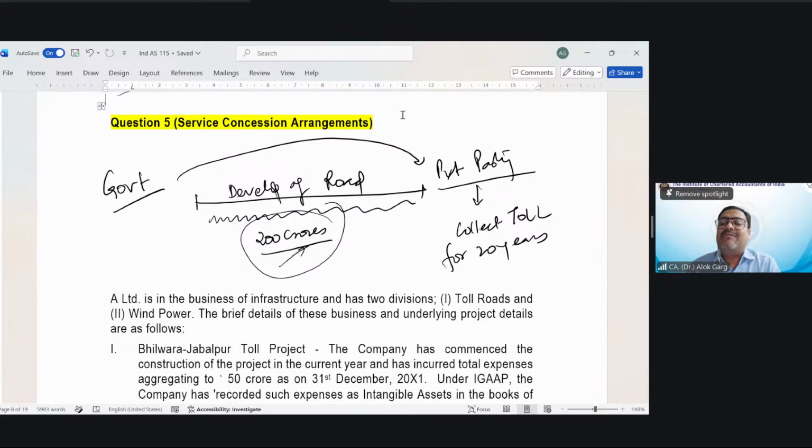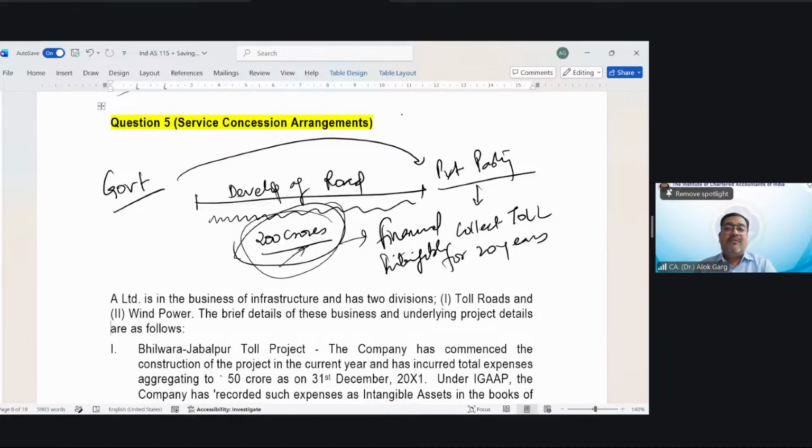So which kind of asset will it be? It depends on the form of consideration. It could be either a financial asset or an intangible asset. Right, my dear friends? I hope you got the full background of this service concession arrangement.